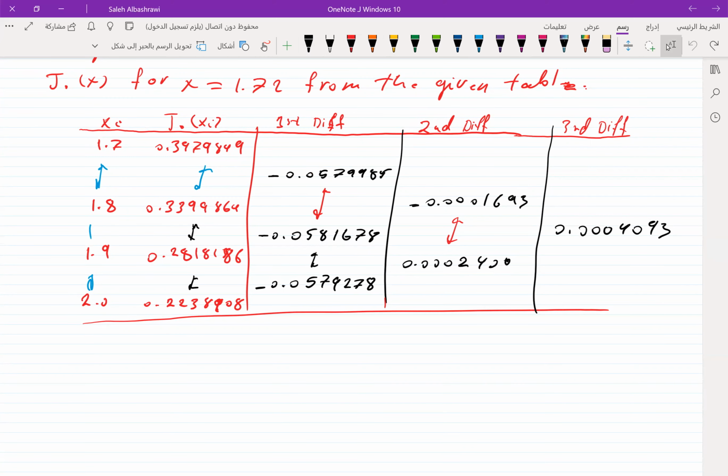Now, as we mentioned before, these are equally spaced, so I can do it either by forward or by backward.